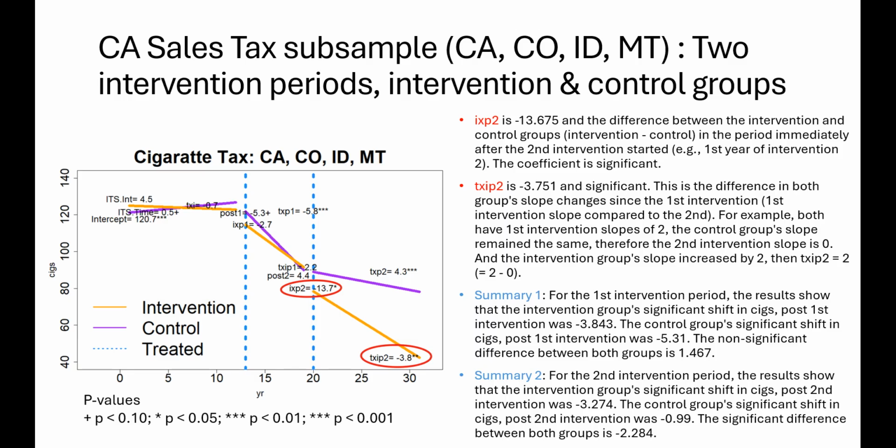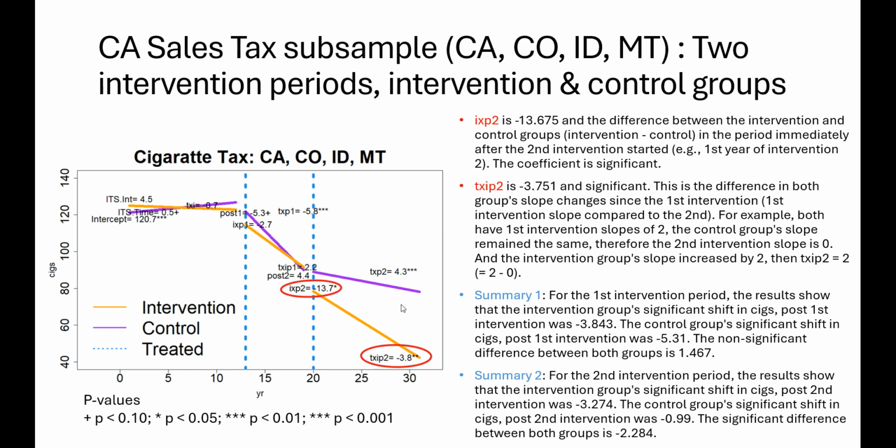So we can kind of think of that as a differences in differences between the intervention and control at that second interruption. Okay, so that tells us, and we see that the p-value is less than 0.05 because we have that one asterisk.